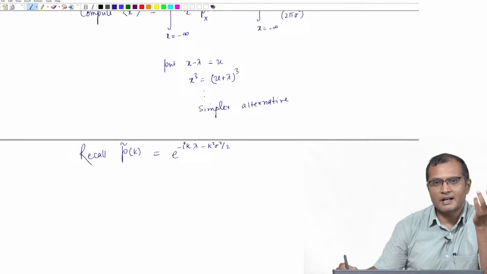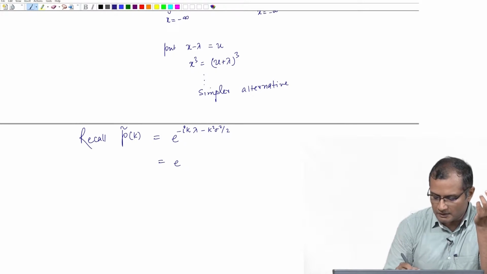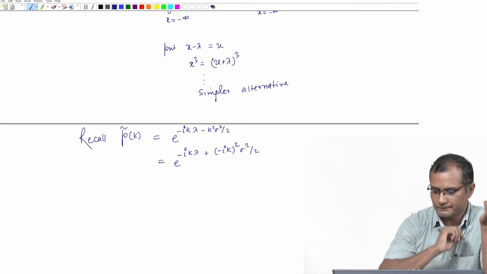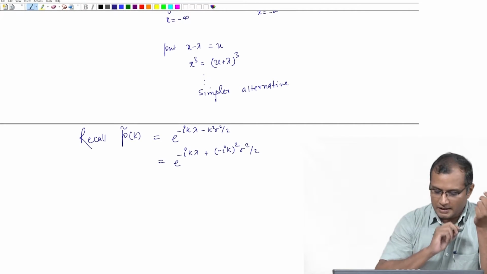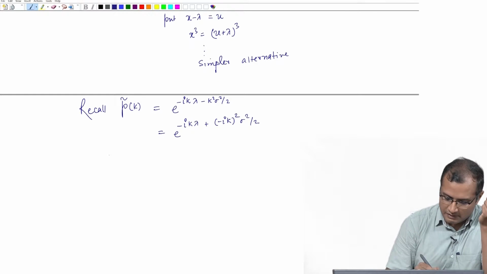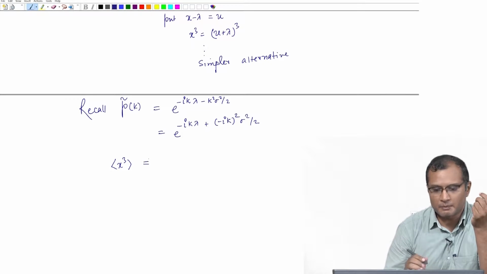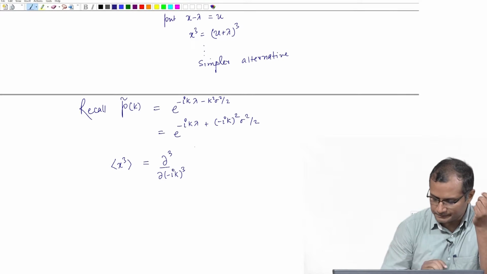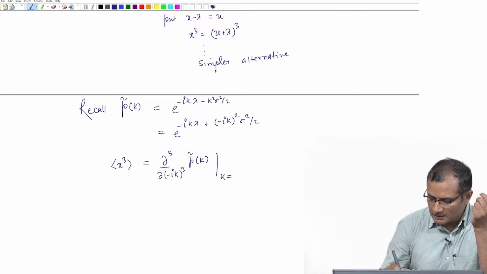So, I will just rewrite it for convenience as e to the power minus i k lambda plus (minus i k) the whole square sigma square by 2. And you can basically compute the third moment by invoking the appropriate derivative, which in this case is the third order derivative, and what you will get here is basically the third moment.